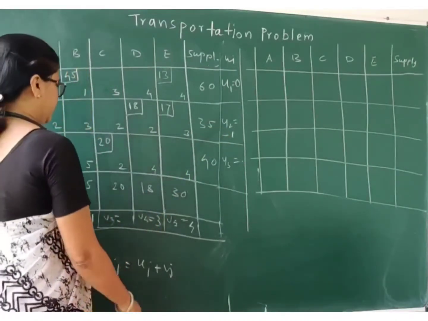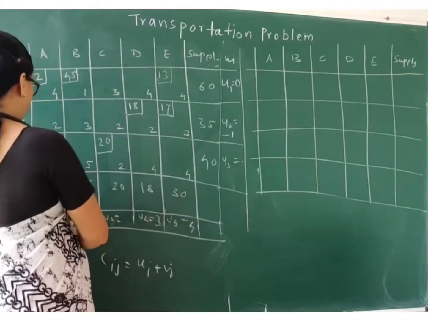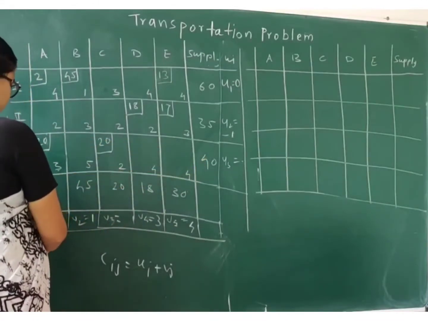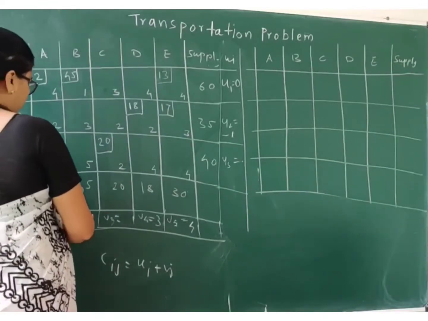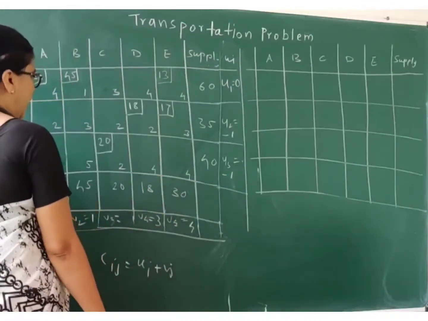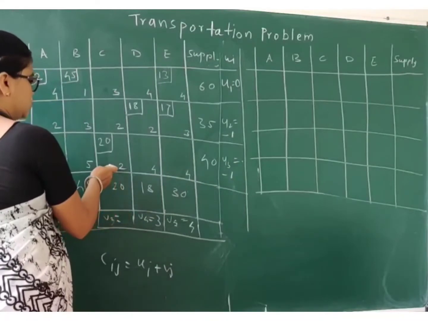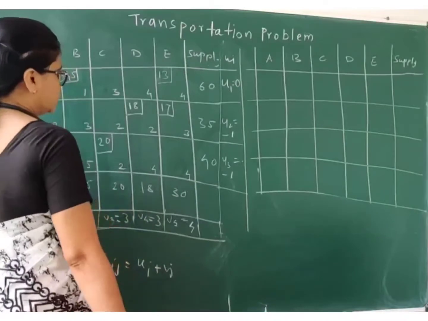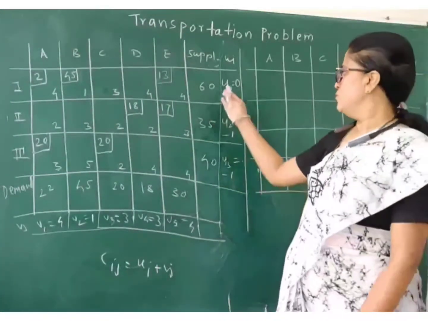Now by using this value, I can calculate U3. V1 is 4, so 3 minus 4 gives U3 as minus 1. Since U3 is minus 1, I can calculate V3 as 2 plus 1, that is 3. So these are the corresponding values of Ui and Vj.